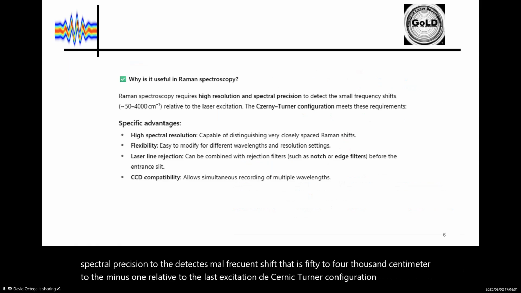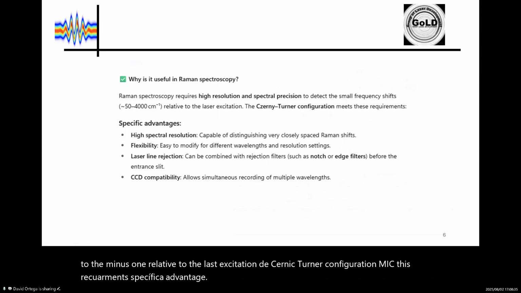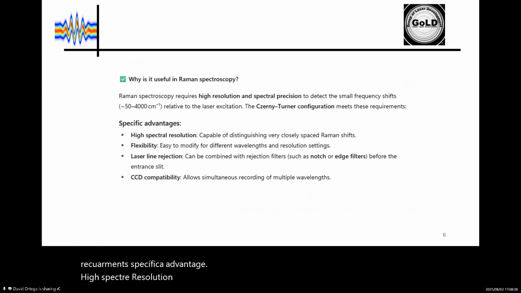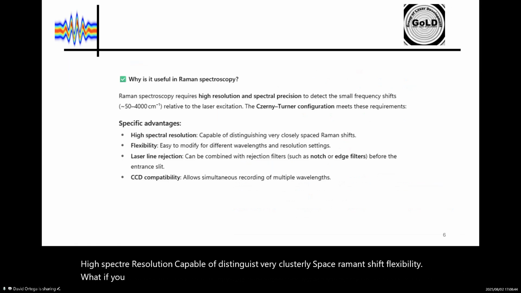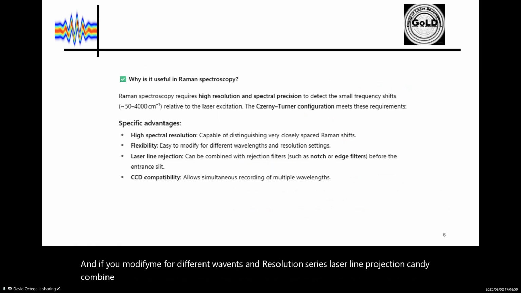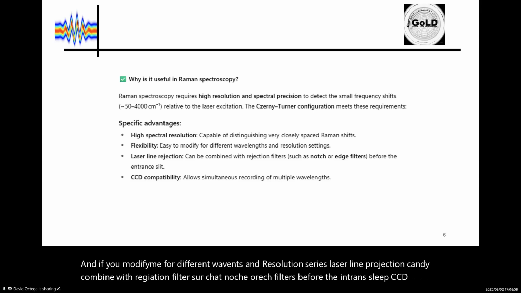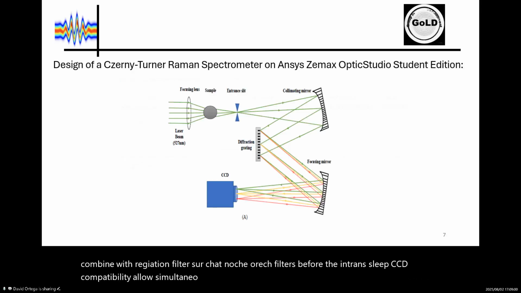Specific advantages: high spectral resolution, capable of distinguishing very closely spaced Raman shifts; flexibility, easy to modify for different wavelengths and resolution settings; laser line rejection, which can be combined with rejection filters such as notch or edge filters before the entrance slit; and CCD compatibility, which allows simultaneous recording of multiple wavelengths.